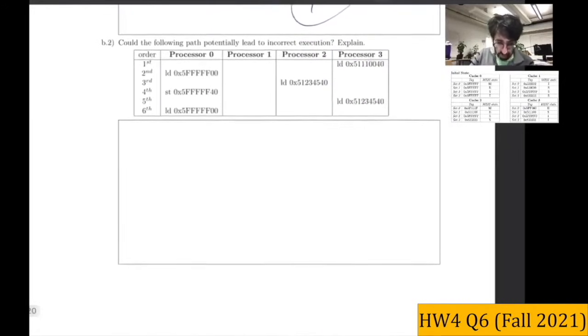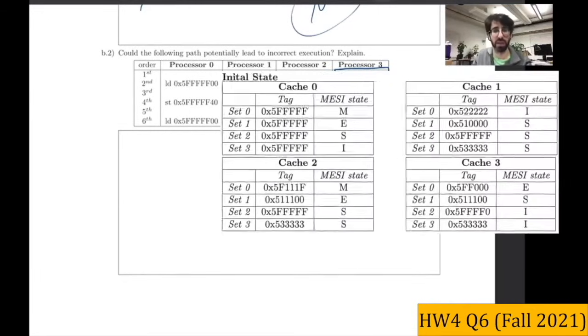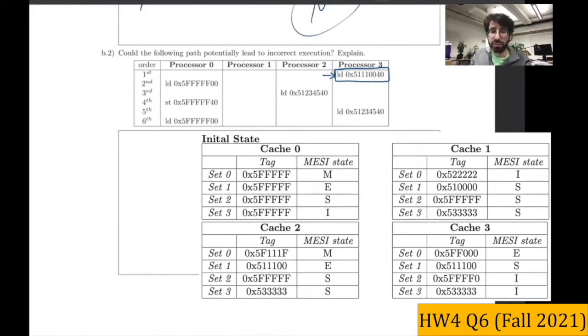So let's go to the following question. Could the following path potentially lead to incorrect execution? Explain. So let's do the same. Let's start with the first instruction, which is executing on processor 3. It is the cache line that was struck by the cosmic rays, in set 1, and the tag is basically this instruction at the beginning.